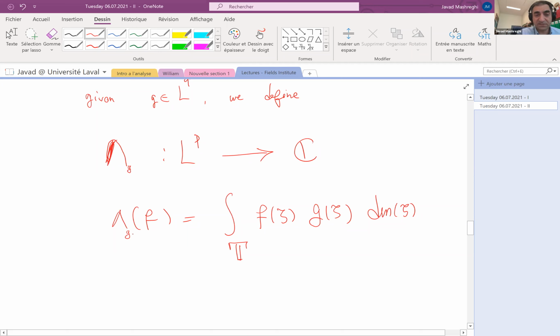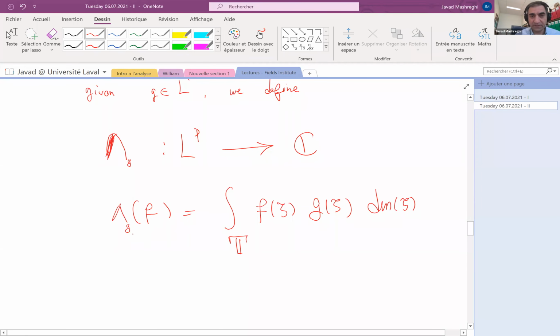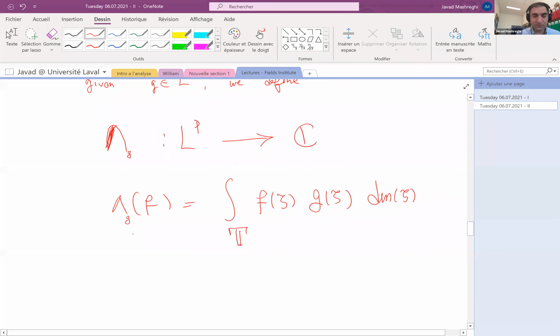f changes over L^p. Well, the easy part, I mean, easy depends how familiar you are with measure theory, is to show that lambda_g belongs to L^p star.